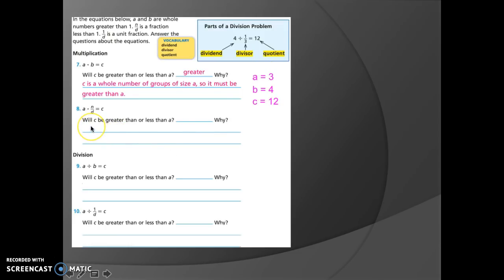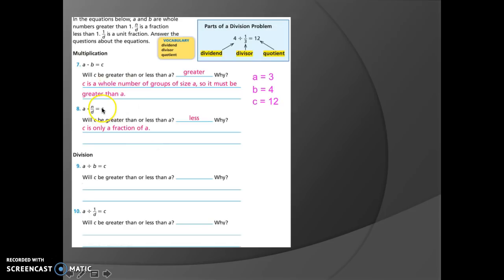All right, so the next one. If we have a whole number greater than 1 times a fraction, will our product be greater or less than A? Okay, we have a fraction of something. So our answer is going to be less than A. Okay, why?